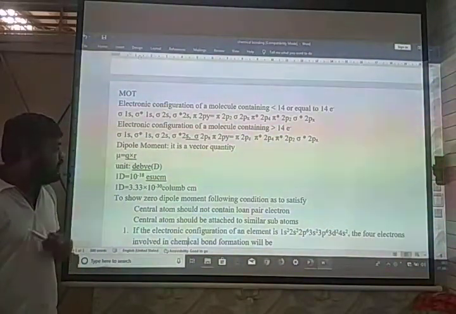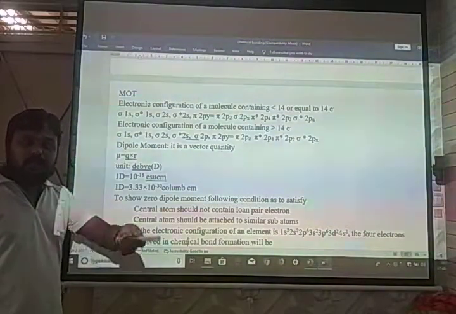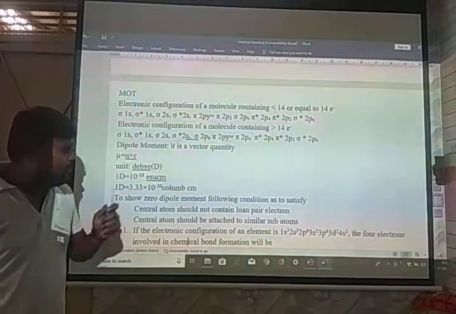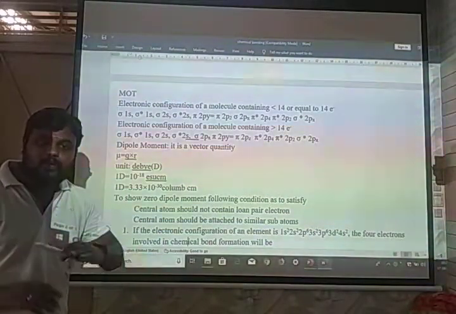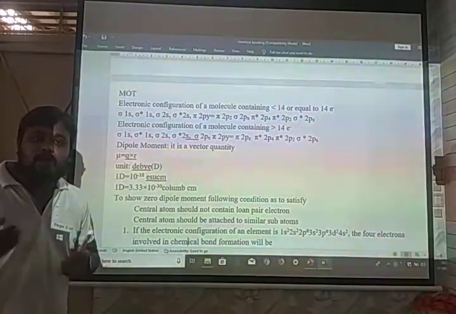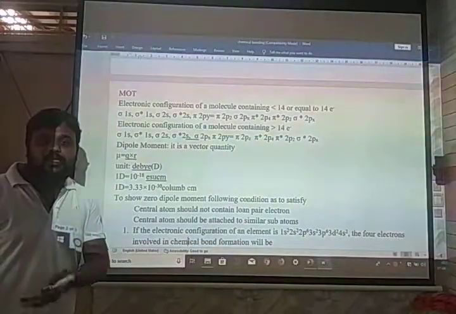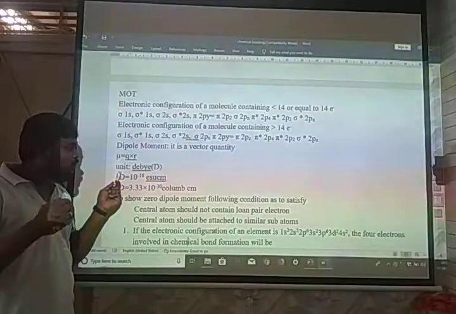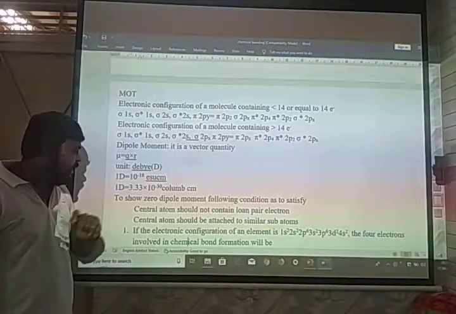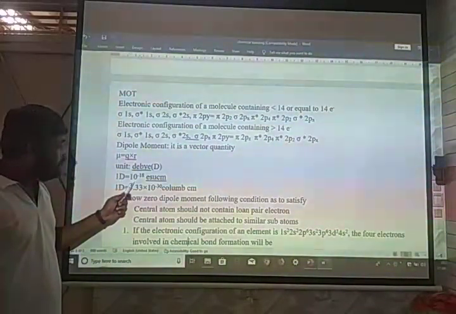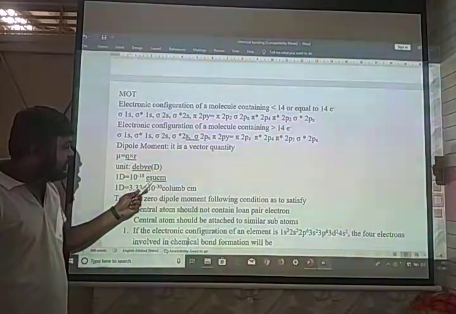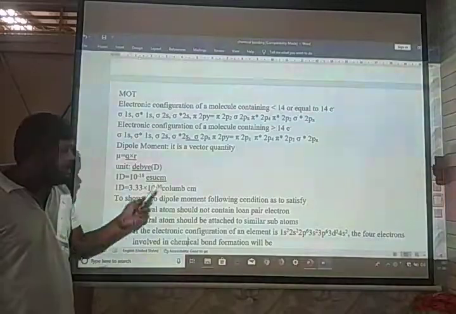So charge can be measured using units like electrostatic unit or coulombs, and the distance of separation between two ends is measured using units like meter, centimeter, like that. So here they are going to give a standard unit called Debye. 1 Debye equal to 10 power minus 18 ESU centimeter. ESU refers to electrostatic unit. cm refers to centimeter.